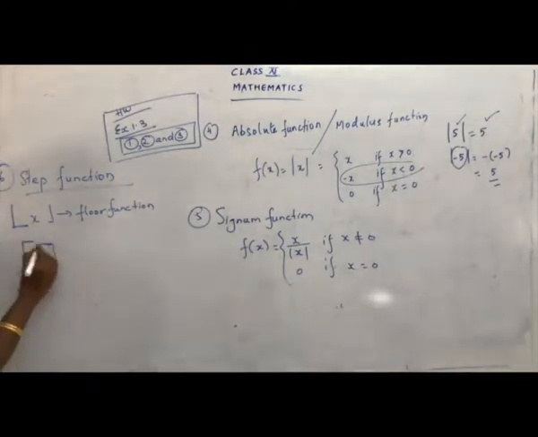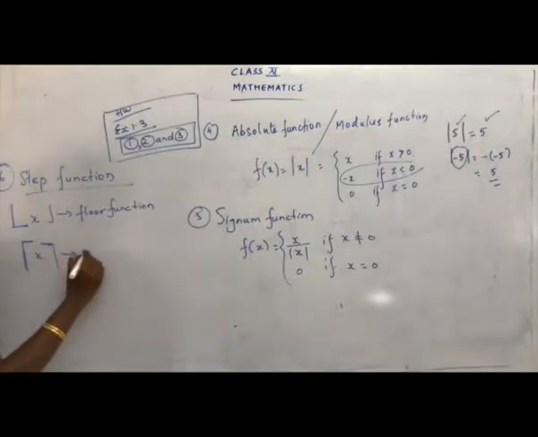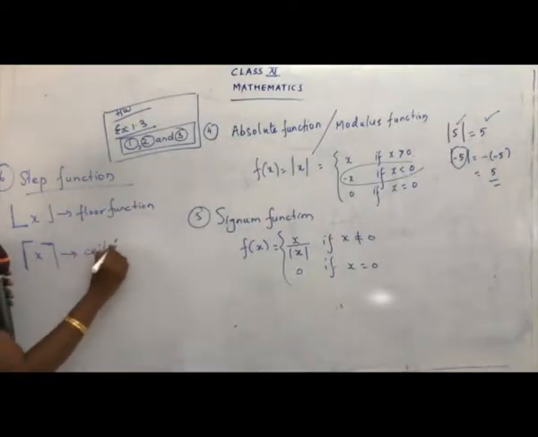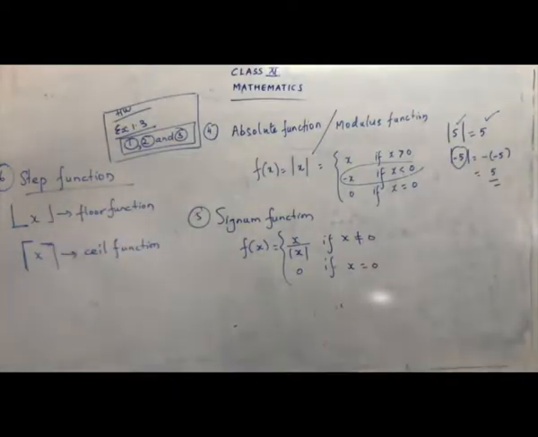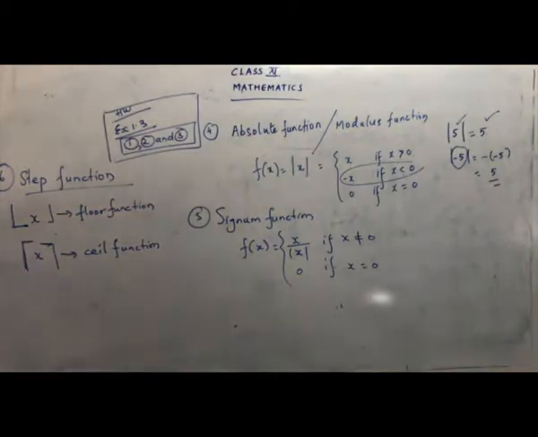So this is called the ceil function. Remember the two functions under step? One is floor and one is ceil. For floor, the L is on the floor part, and here the L is on the ceil part.